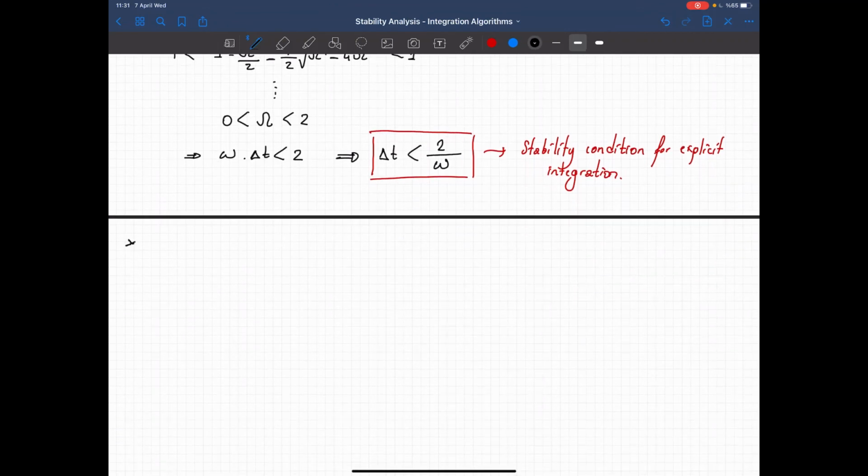So let's write it down. We said that explicit integration algorithms are conditionally stable.